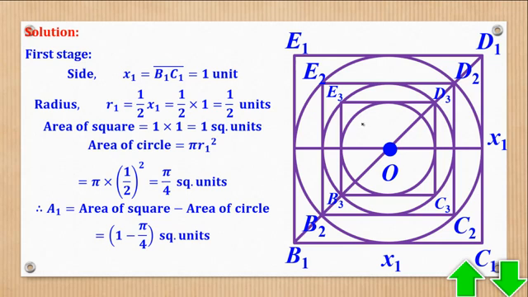What about A2? For A2, we shall need to get the square and the circle of interest. When it comes to the square, you realize something. From here to here is the radius of this circle, and it is also half the diagonal of the square. So B2D2 is equal to 2R, where R is this radius.